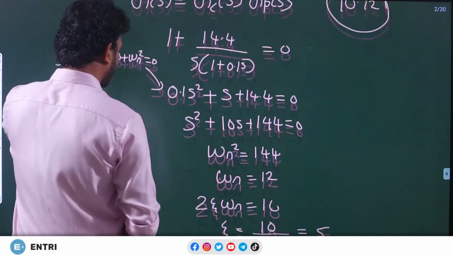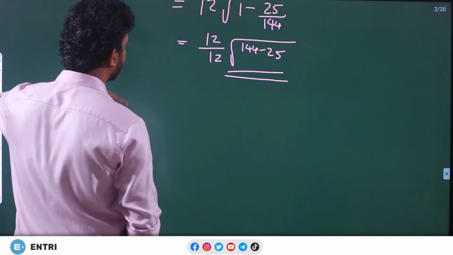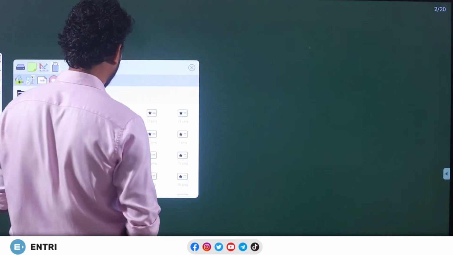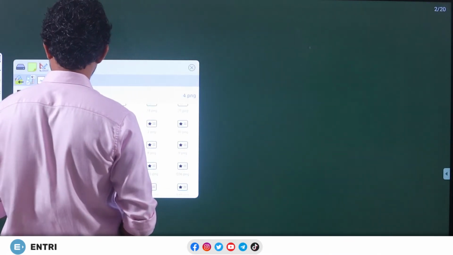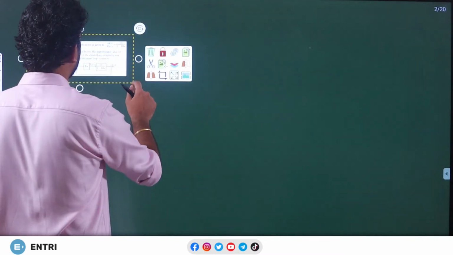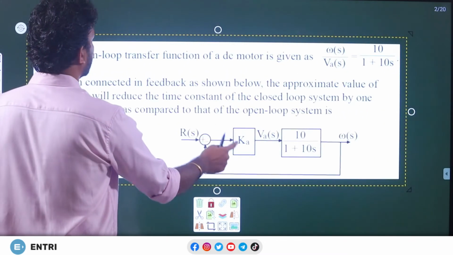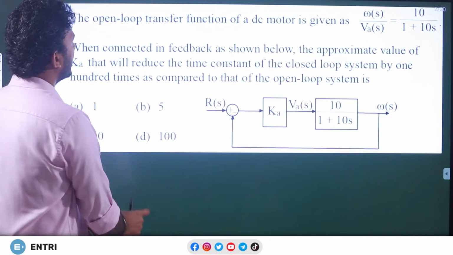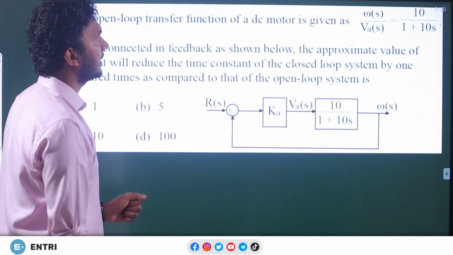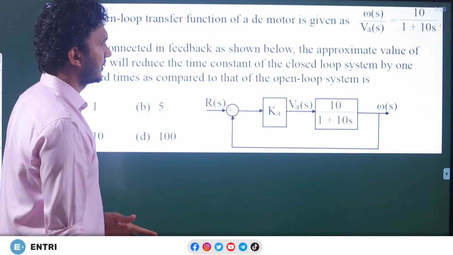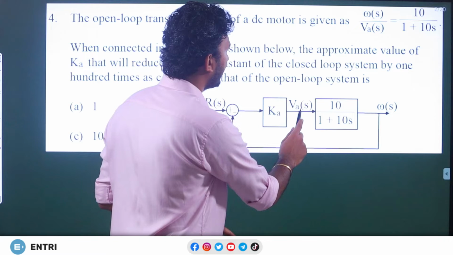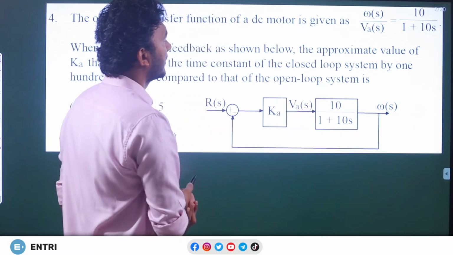Moving on to the next question. You have the open loop transfer function of a DC motor, 10 by something, this is your omega(s) divided by VA(s).